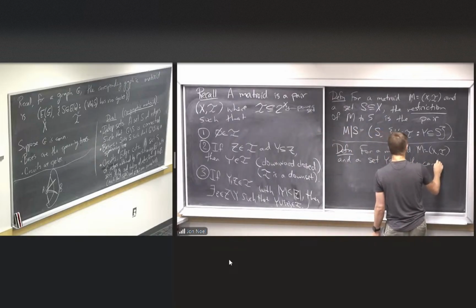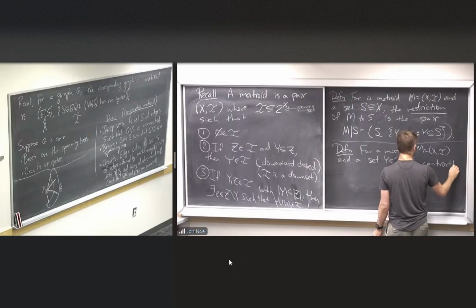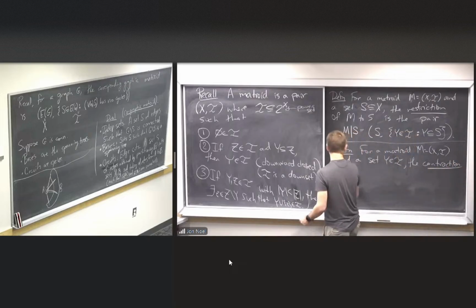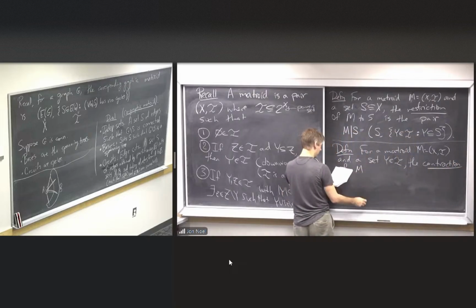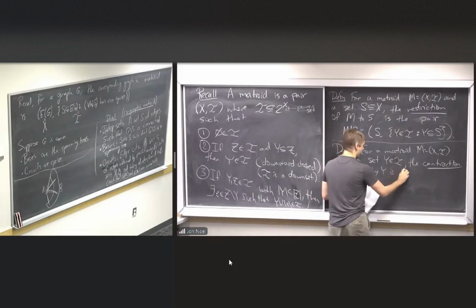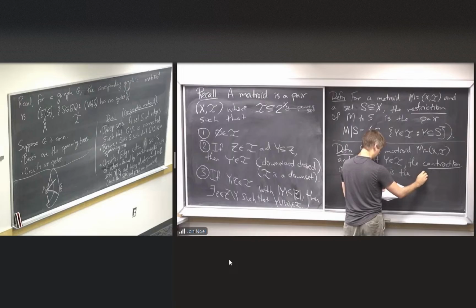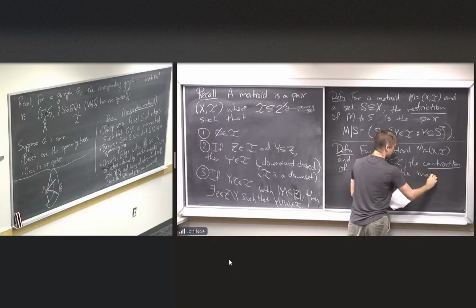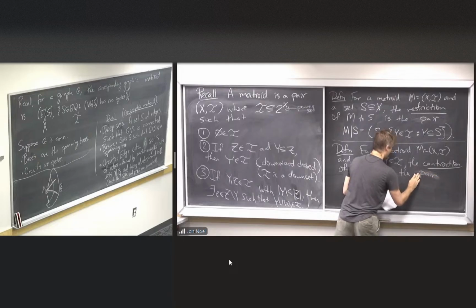The contraction of M by Y is the matroid. Well, again, maybe I'll just say it's the pair, but it's not going to be too hard to see it's a matroid.